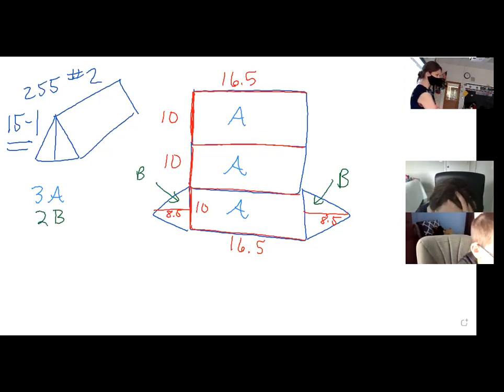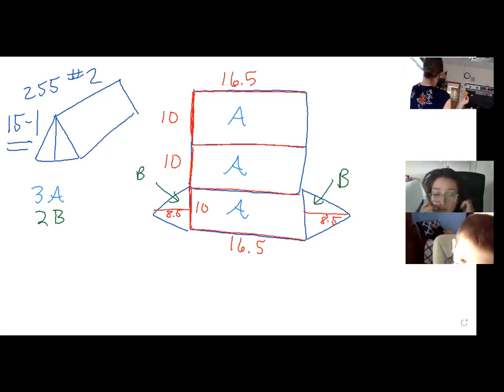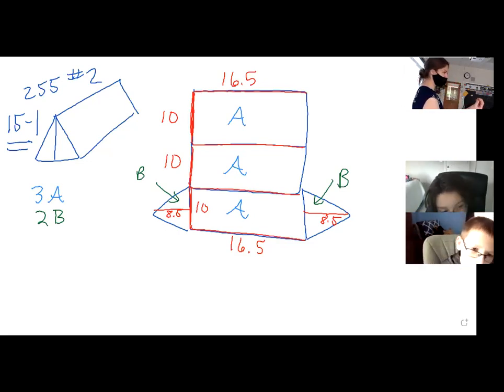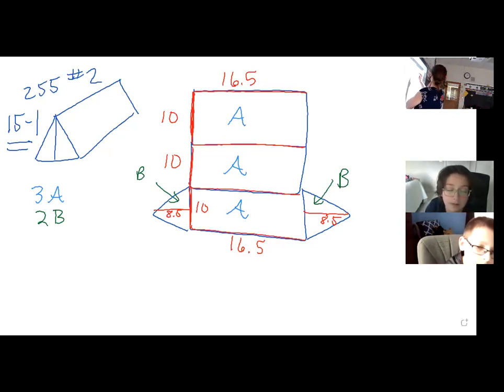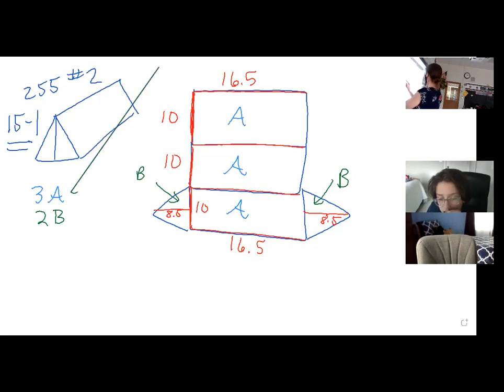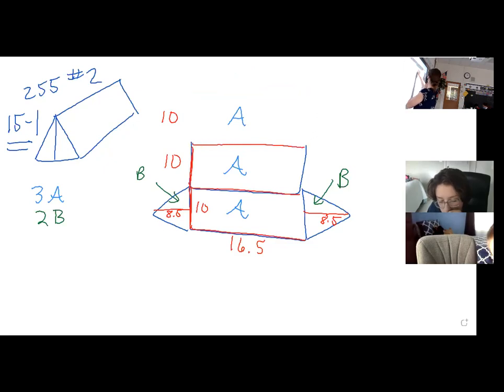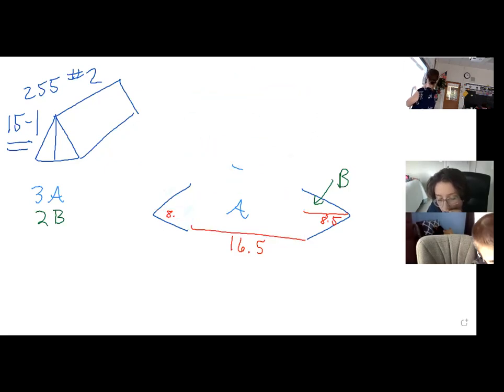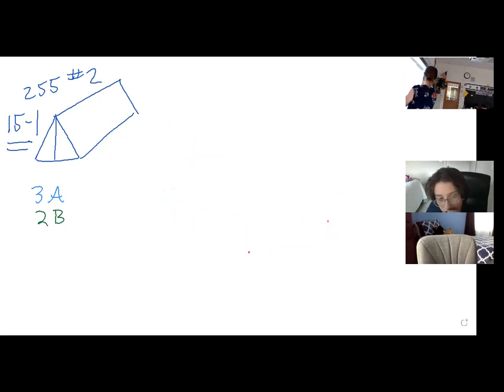Could you go ahead and calculate each of those sections for me? Calculate A, get an answer, multiply it times 3. Calculate B, get an answer, multiply it times 2. Okay. So you calculate B, and then multiply it by 2. Yep, because there are 2 triangles.